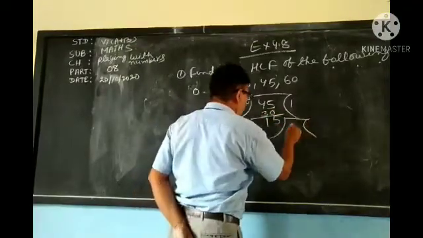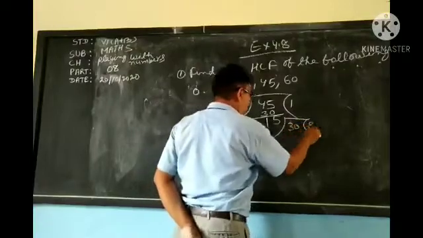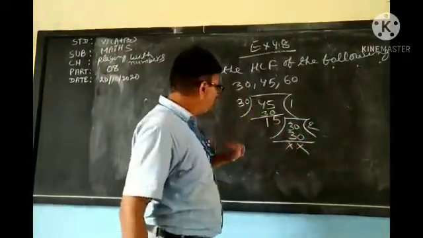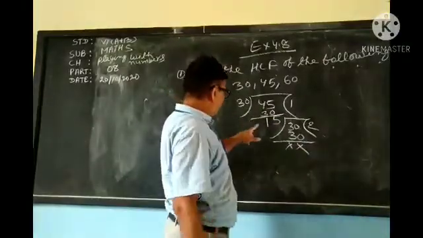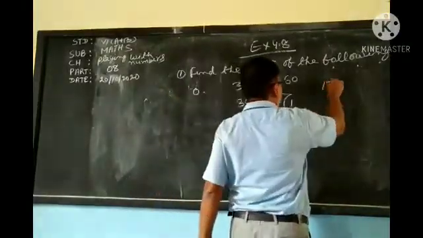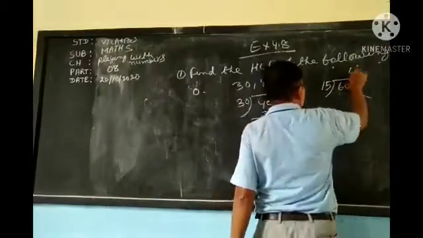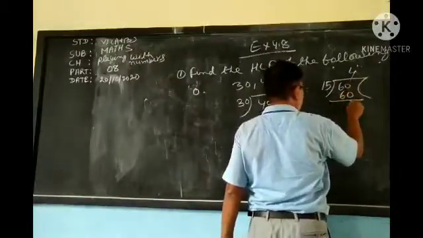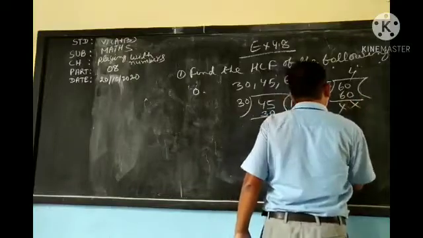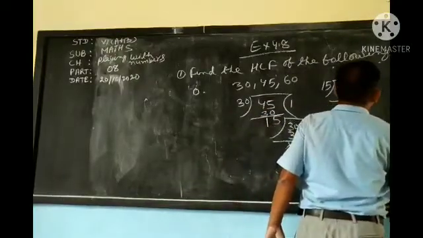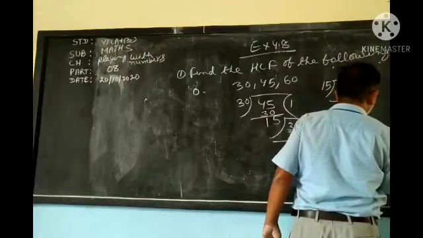Now 15. Again 30 divided by 15, 2 times it will go. Now 15 again divides 60. How many times will it go? 4 times. 15 into 4 is 60. Therefore HCF is equal to 15. This is your answer.